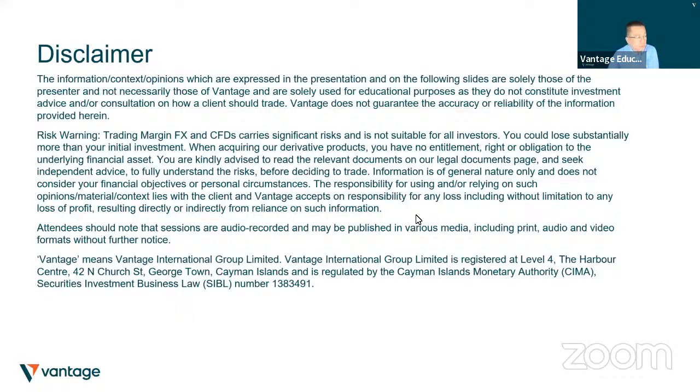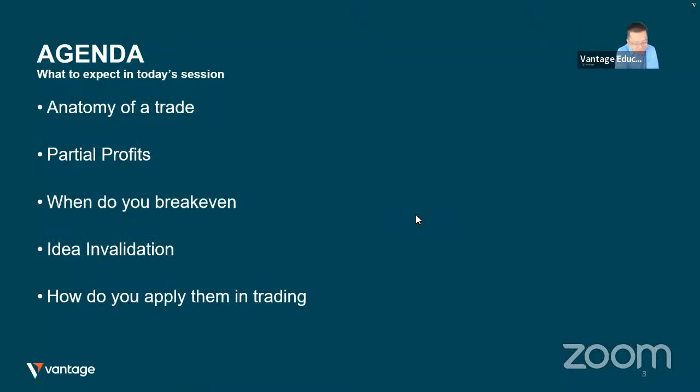All right. So quite a number of things to get through today. In terms of the topics, first part, I'm going to just do a quick refresher in terms of the anatomy of a trade. Then partial profits: how do you do a partial profit?